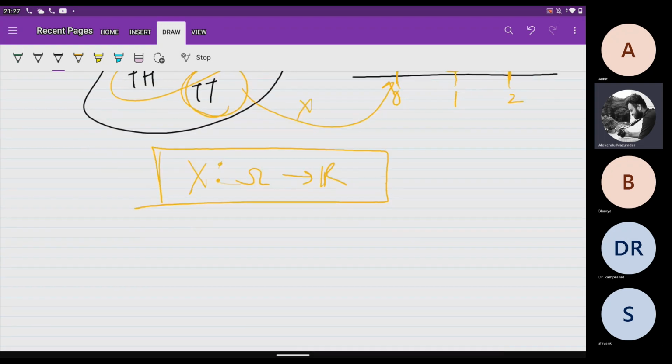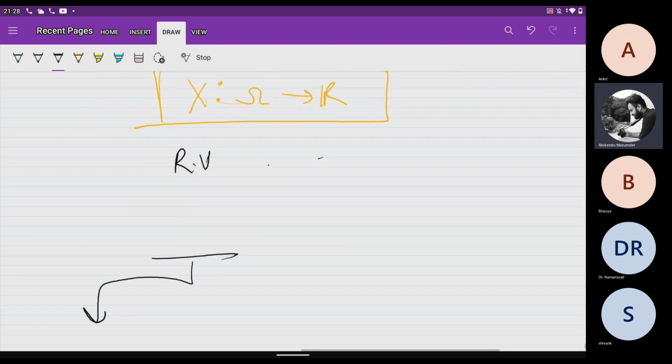Now we come to PDF. PDF is probability density function. Before coming to that, the random variables can be of two types.